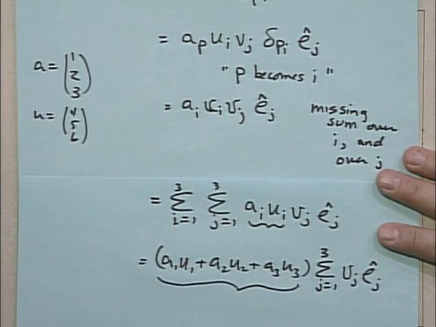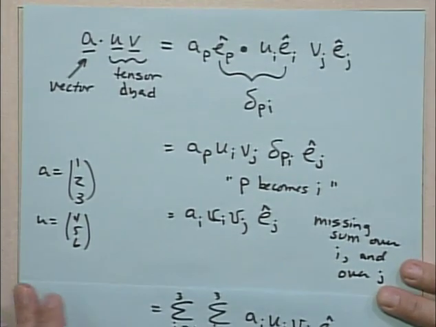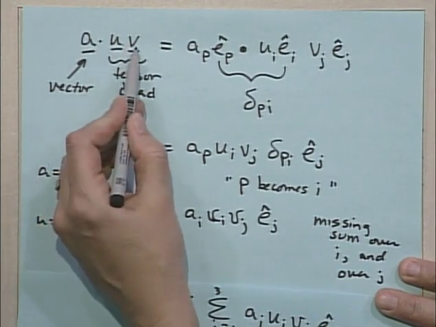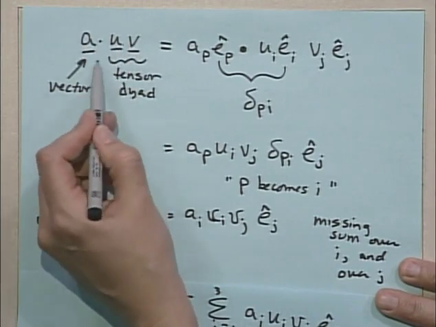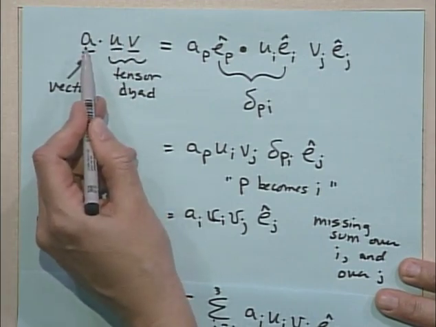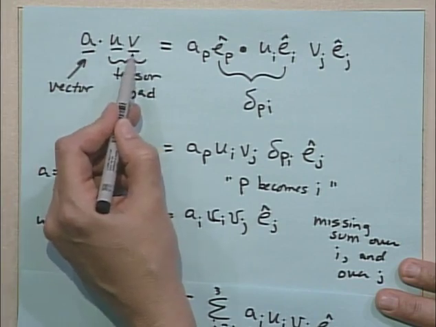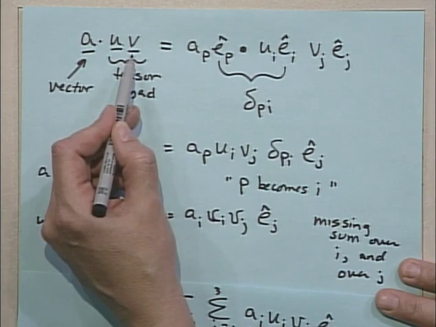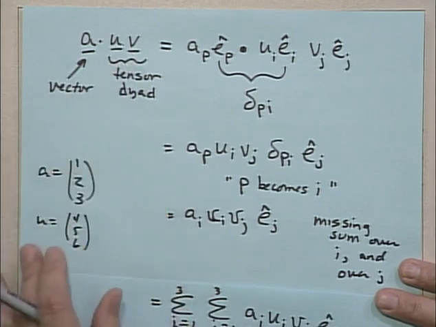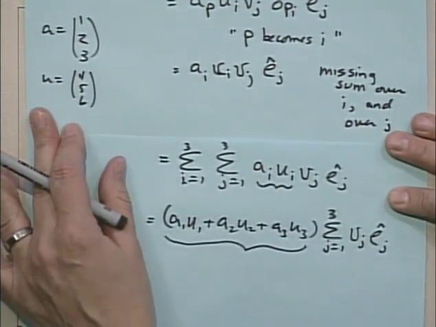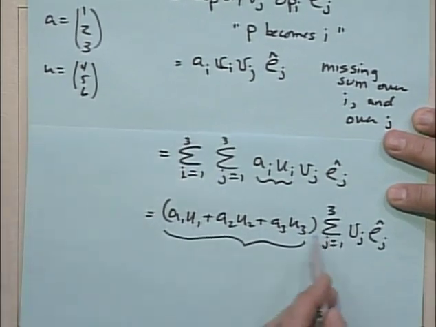So for my example, it's 32. So my answer of a dot uv was some number, a dot u, which turns out to be 32 for my example, times v. It's a vector in the direction of v stretched out by multiplying it by 32. That's what this final answer is.